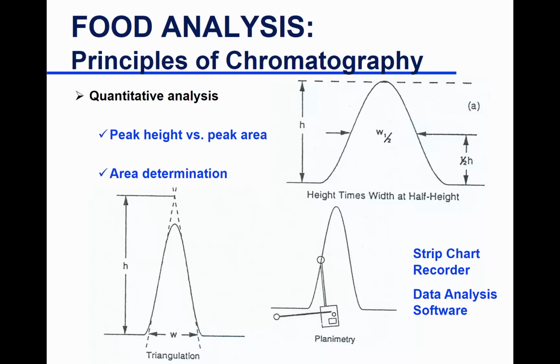You don't have to use any strip chart recorder like in the past. In the past they also used to print out the peak, cut it and weigh it. So no longer. You can have programs that will smartly determine the area under the curve for you.